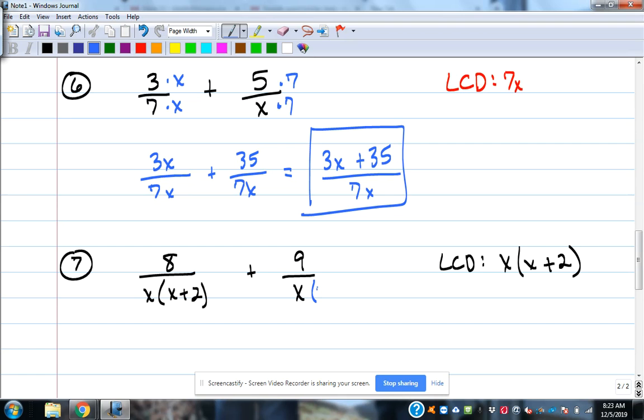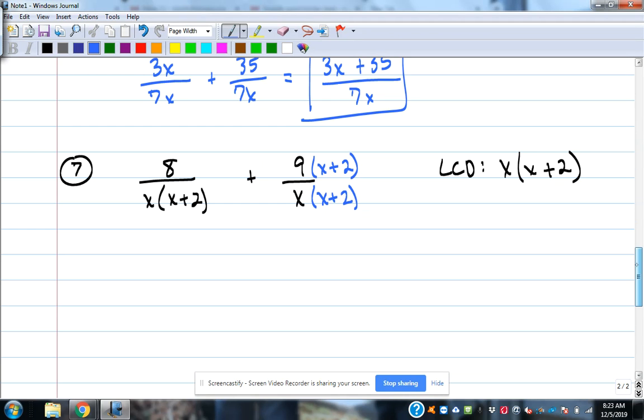We got to multiply it by x plus 2 on the bottom. But if I do that on the bottom, got to do that to the top too. And then got 8 over x plus 2 plus what's on top of the other fraction? Yeah, 9x plus 18.